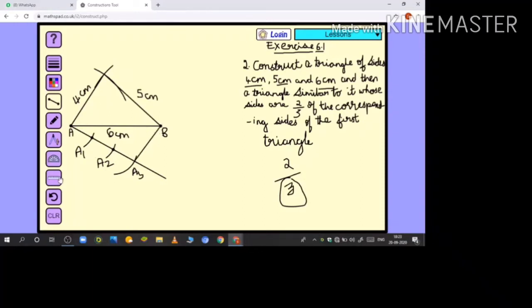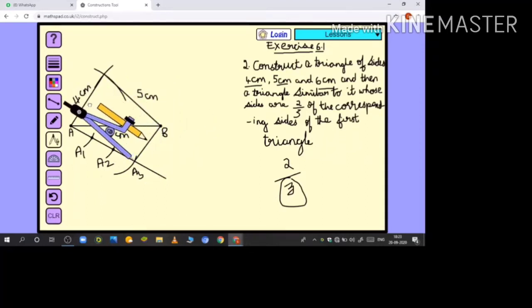Now, step 7, join A3B. Step 8, from A2 we have to draw a line parallel to A3B.